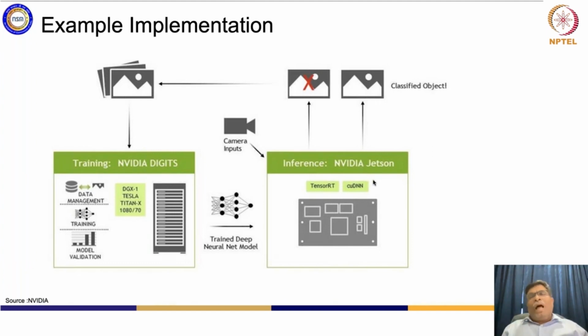Okay, so the idea is this model, which has been trained for doing some classification tasks on the DGX, is now to be converted, optimized, made smaller so that it can run on this Jetson. Okay, now this Jetson actually is able to classify the objects, okay, based on the inputs from the camera in the real life setting. So this is what is the situation, right? This is what we are going to actually do an implementation for.